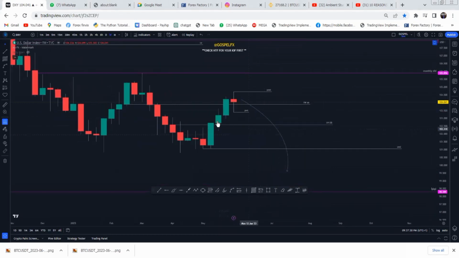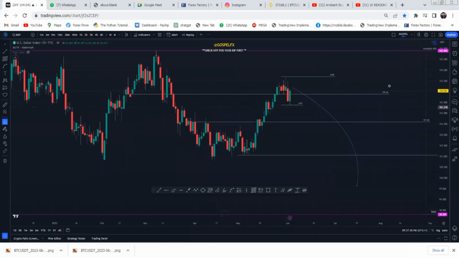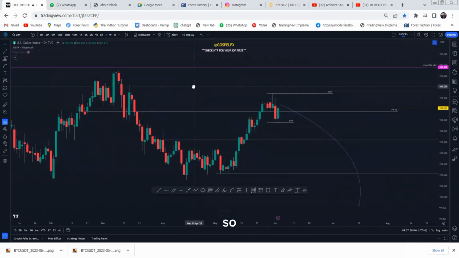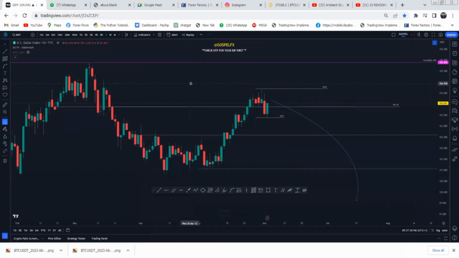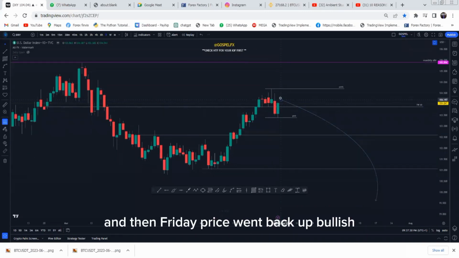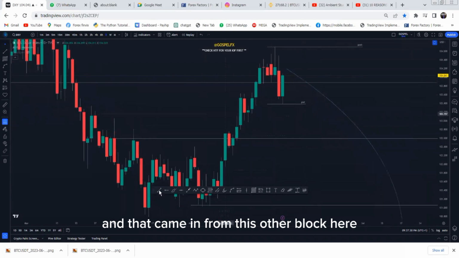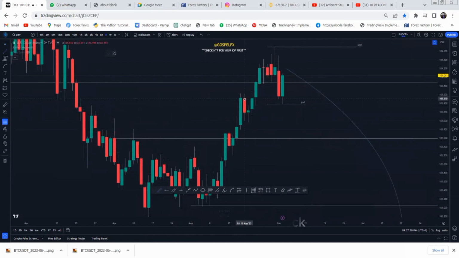So let's go down now to the daily chart and see what we have here. Okay, so this is what we have on the daily chart. Thursday closed this much bearish, and then Friday price went back up bullish. There was a bullish push, and that came in from this daily order block.